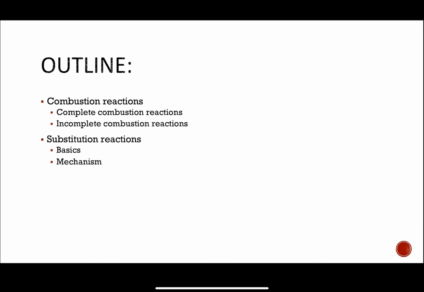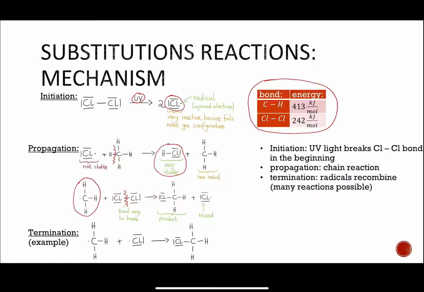Now, this new radical can react with a chlorine molecule where the bond is very easy to break. We know this already. So the bond is broken here, and the radical reacts with a chlorine atom or chlorine radical to form one molecule of the product, chloromethane.